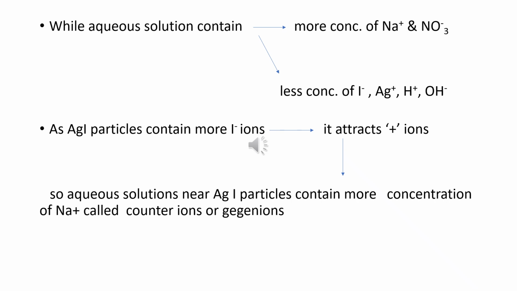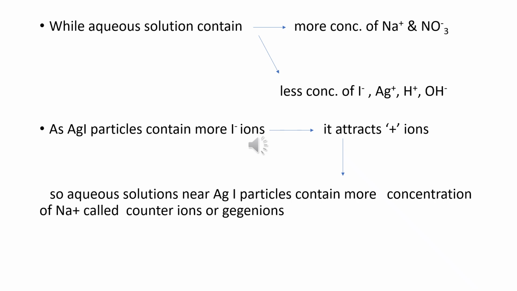This slide explains what happens in the surrounding solution after the silver iodide particle becomes negatively charged. The aqueous solution contains a higher concentration of Na+ and NO3− ions and a low concentration of I−, Ag+, H+, and OH− ions near the particle.